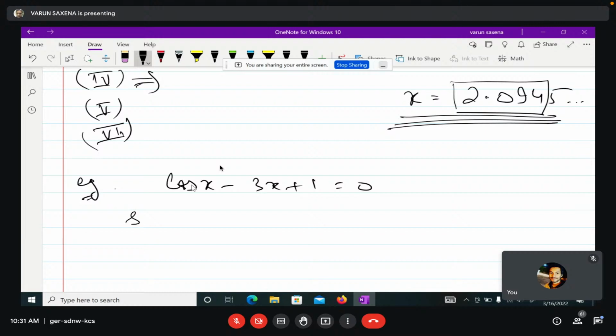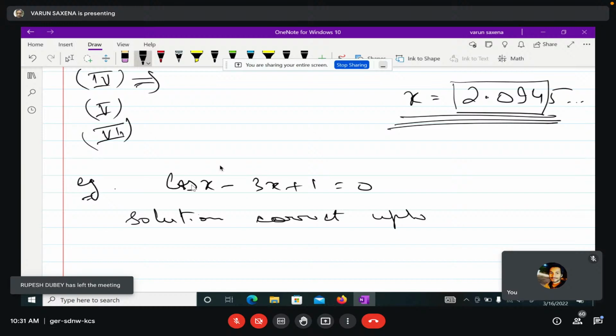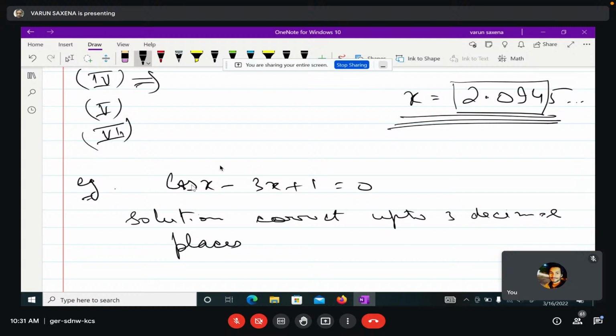Find the solution correct up to 3 decimal places, between 0 and 1. So you find that out.